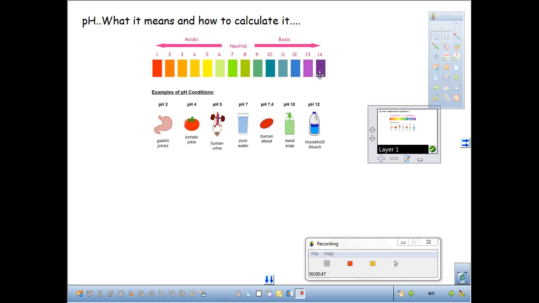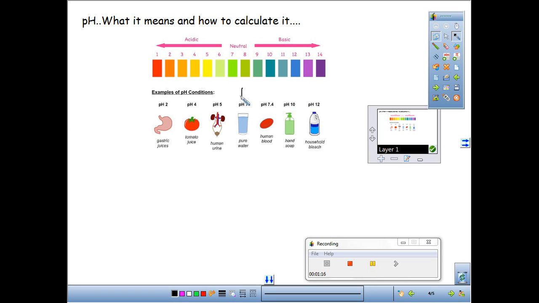As acids and bases were being developed and discovered and the concepts were being worked on, what they found was there was a huge range of concentrations. And so they couldn't do it on just a typical scale, so they had to do it on a logarithmic scale.